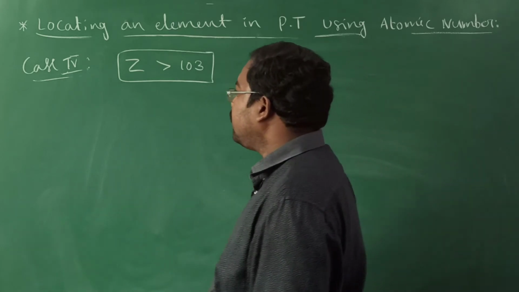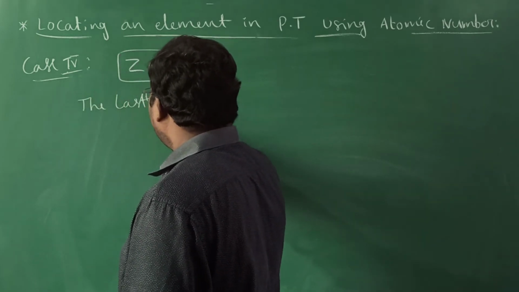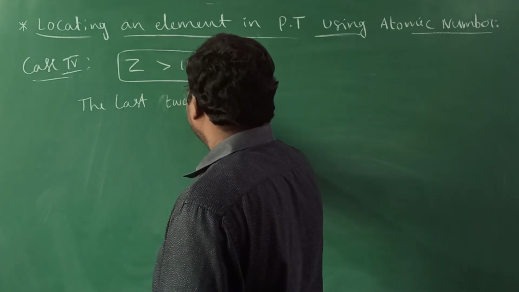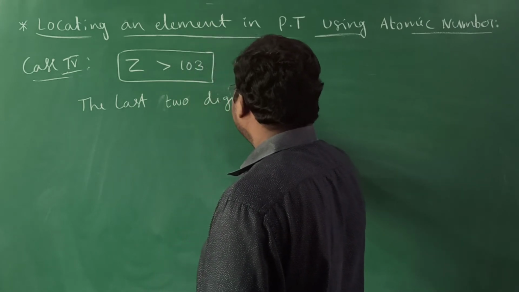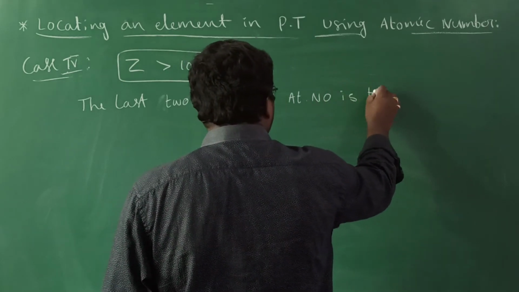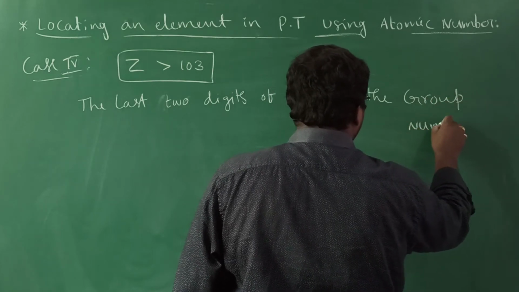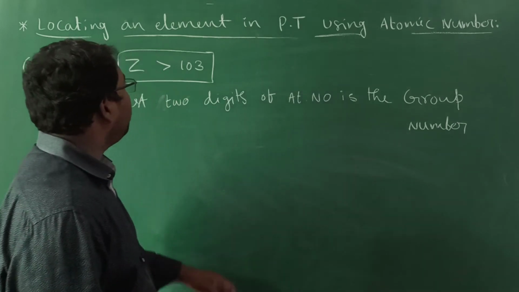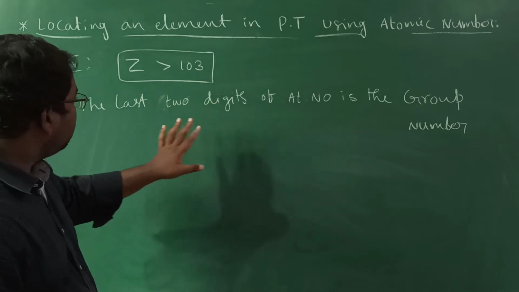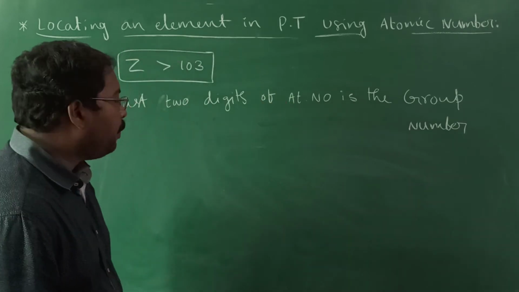It is a simple thing: the last two digits of the atomic number is the group number. The elements with atomic number more than 103 go up to 118 only. So for those elements, the simple task is that the last two digits of the atomic number is the group number.